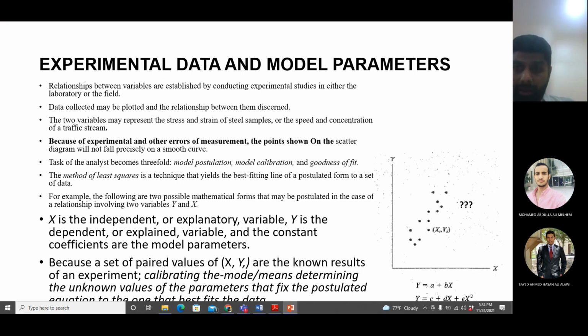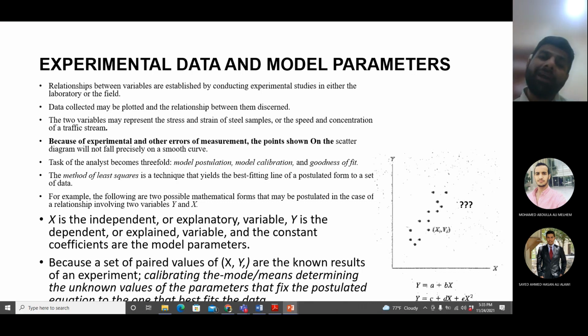Now, when you plot the data on a graph, it is impossible that they will form an exact geometric shape, whether it's a straight line, a parabolic curve or a circular curve. Any type of curve is impossible to have from real experimental data. Why? Because of the errors.